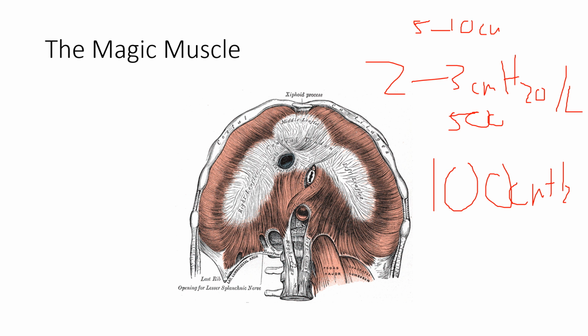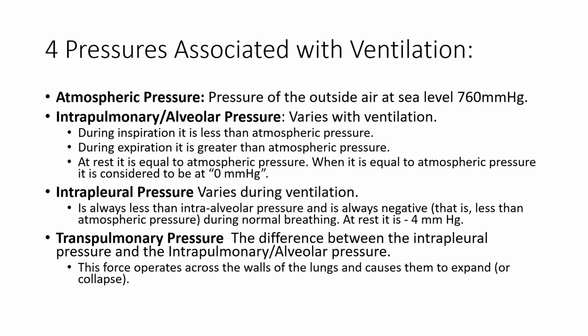So we only work at maybe a fraction of our peak force-producing capabilities of our muscles. Not only do we have an incredible reserve in terms of lung volumes, the force and pressure generation capabilities of our respiratory muscles are incredible. We've got an incredible reserve. And this is all accomplished by influencing changes in the pleura, which influence changes in the lung.